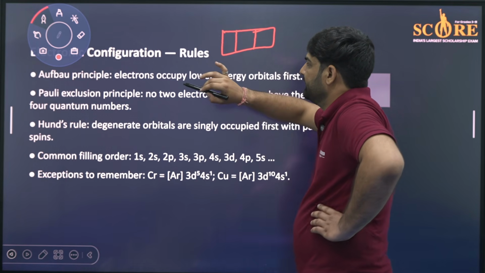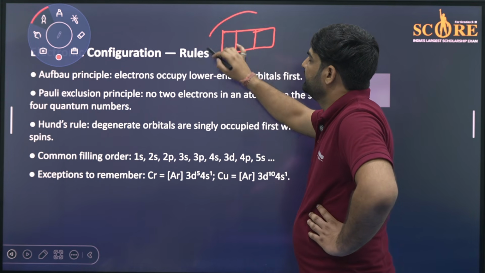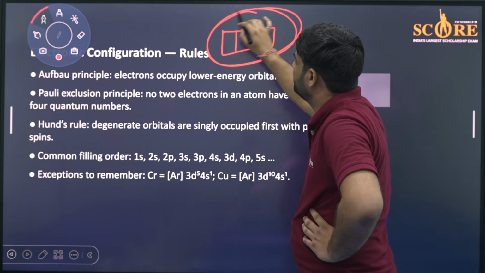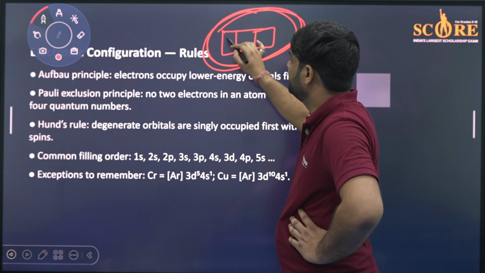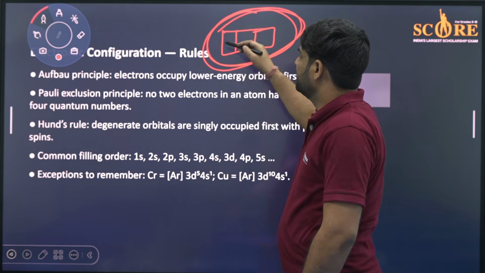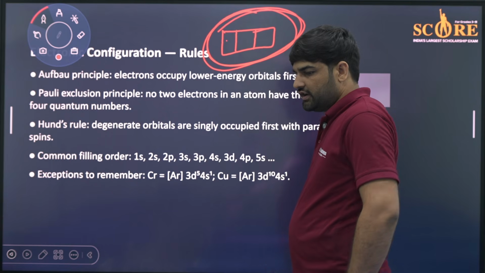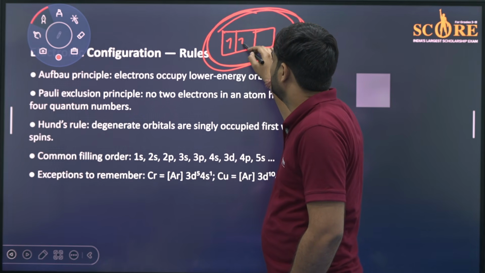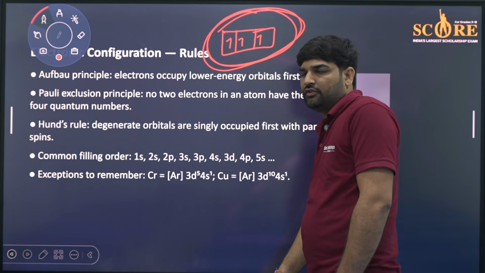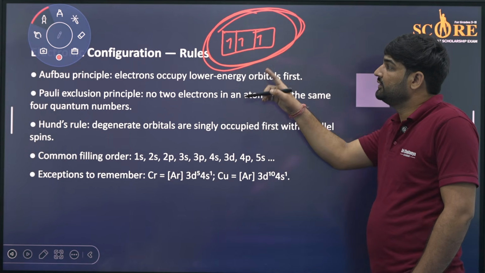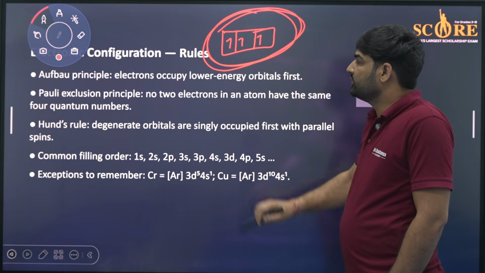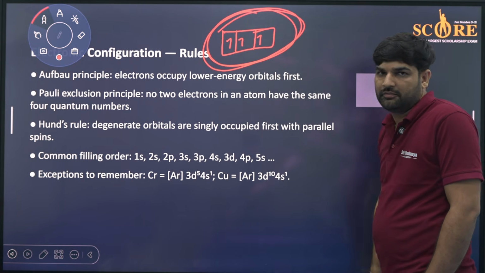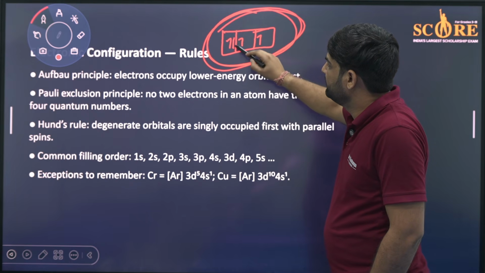In degenerate orbitals, electrons are filled in such a way that electron repulsion can be minimized. Likewise, you have to maximize unpaired electrons so that electron repulsion can be minimized. After that you have to do pairing.